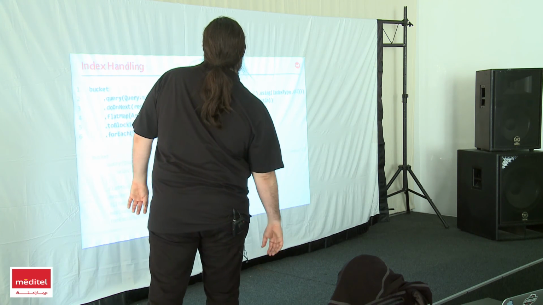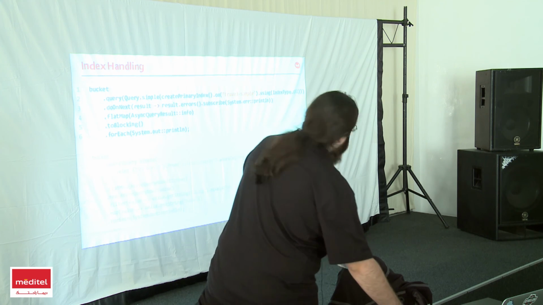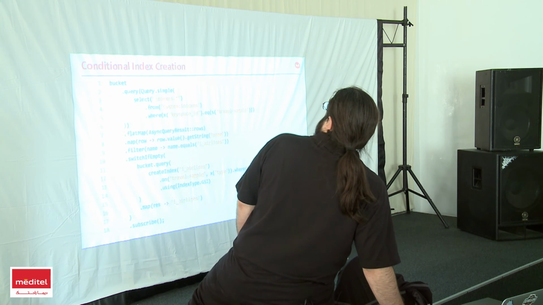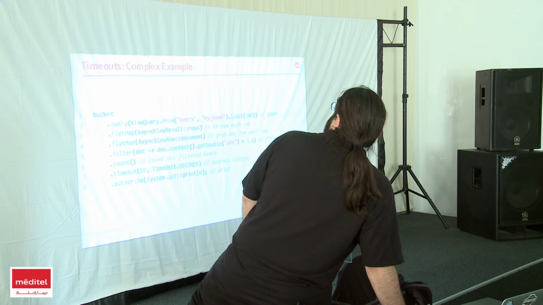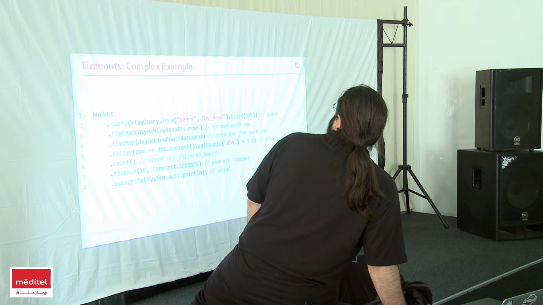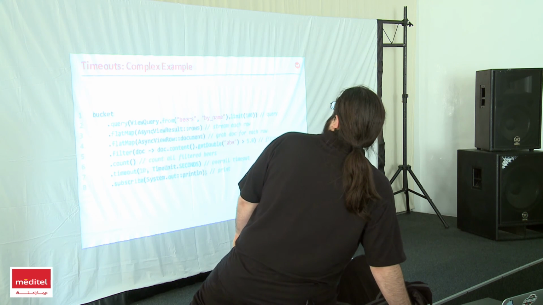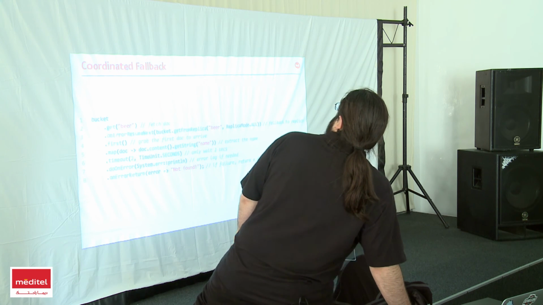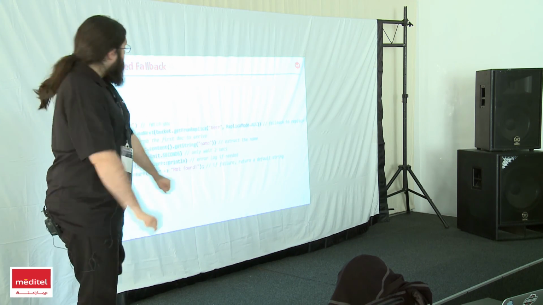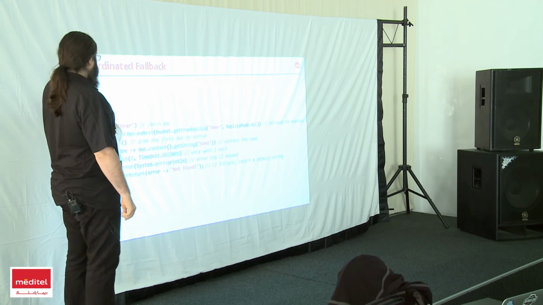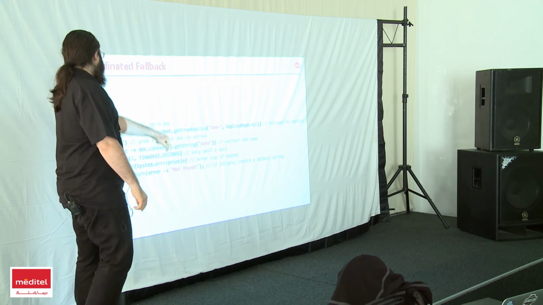I think that's one of the examples. That's not the one I was looking for. Let me see. Yeah, error handling, that's a nice example. So let's say you're using just the key-value part. I'm just getting a document with the key beer.